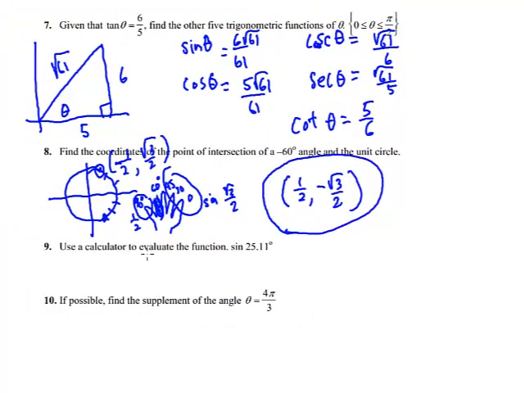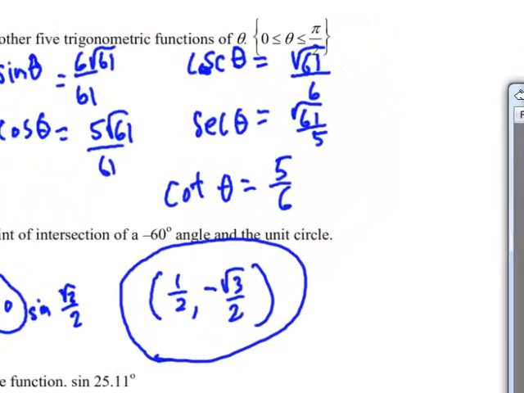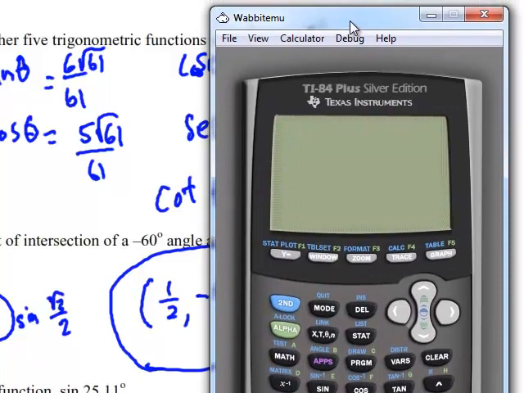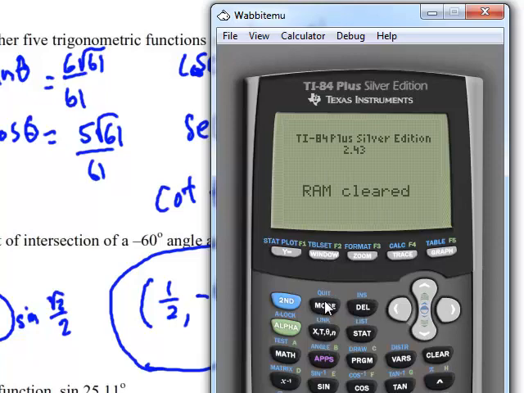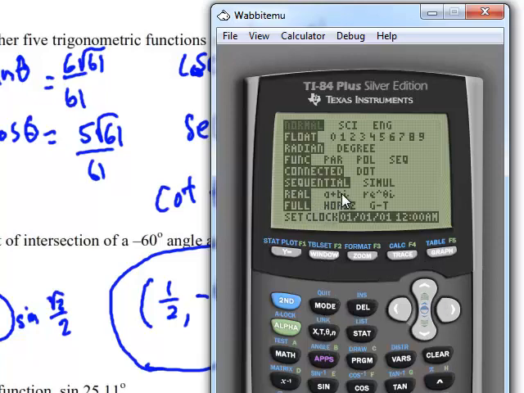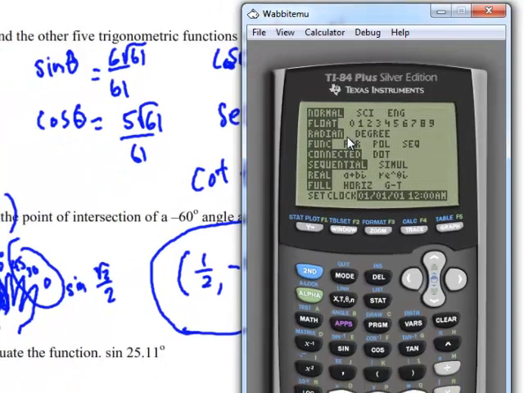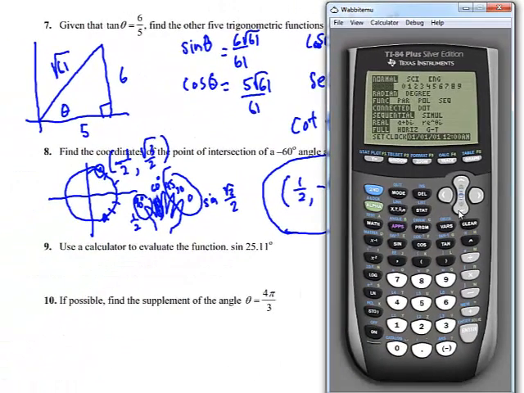Okay. Use your calculator to evaluate. So I'm going to grab my calculator here, and that's in degrees. So I'm going to turn on my calculator. I'm going to check the mode, make sure that I'm in degrees. Let's see, we're in radians, so I'm going to change that to degrees.